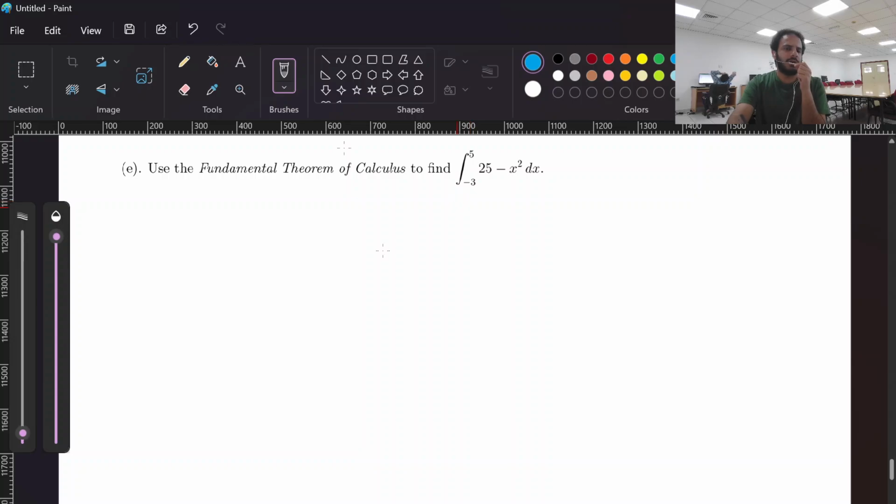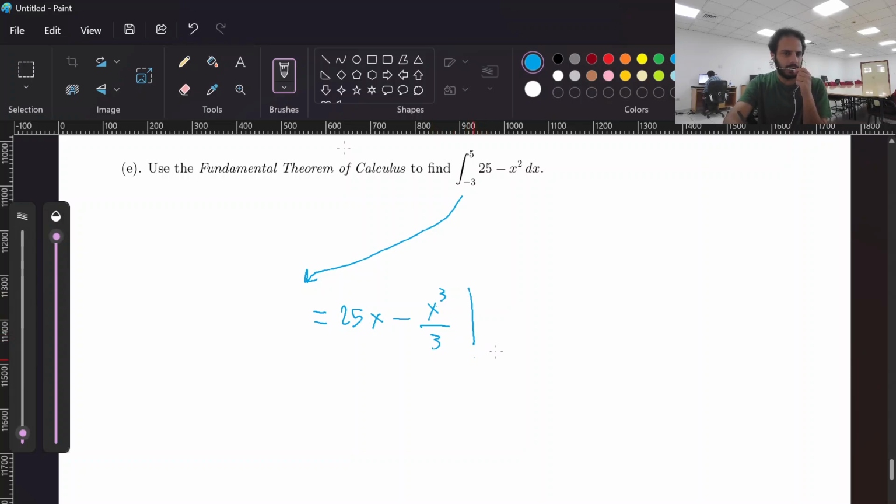Okay. So this one, using the fundamental theorem of calculus, we will get the same result. But how to find this? You find the antiderivative. The antiderivative is what? 25x minus x cubed over 3, from minus 3 to 5.